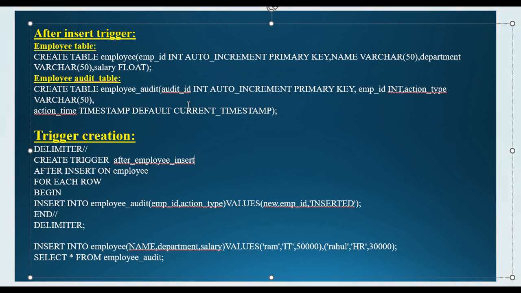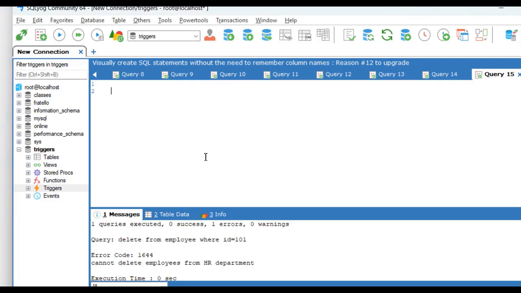Here, whenever we insert values into the employee table, it has to be inserted into the employee audit table. We already have one table, employee. Let's describe the table: describe employee.